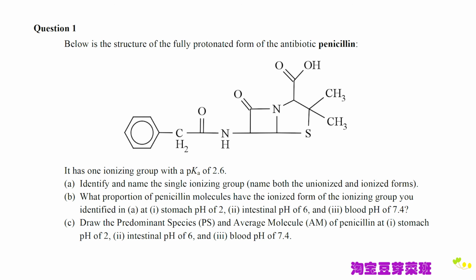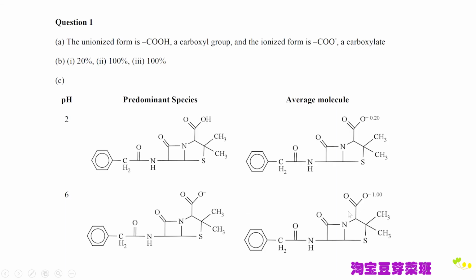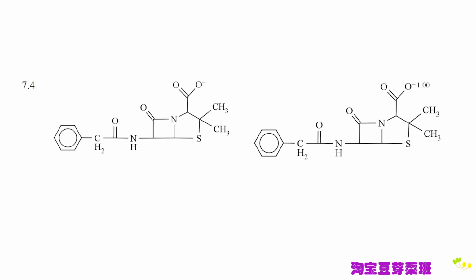And for the average molecule, since the ionized form is 100%, we just need to write down negative 1 here. Okay, let's look at the answer key. Yeah, here. And needless to say, pH equals 7.4 is the same. Okay, and this is how we get the predominant species and average molecule.